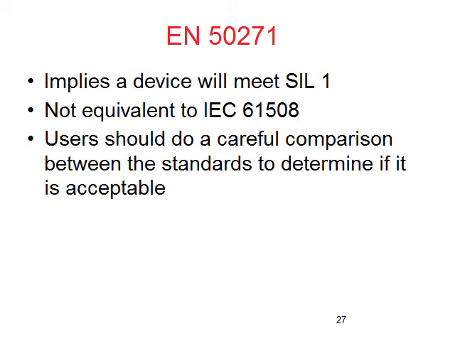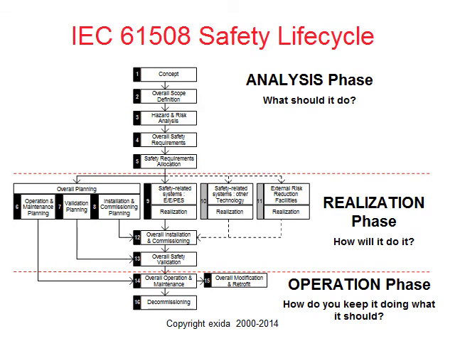IEC 61511 doesn't talk about EN 50271. It talks about assessments to 61508. And you would have to show the traceability from 50271 and how that met 61508 to satisfy that requirement. So it's a step in the right direction, but I would call it still light, not really 61508.